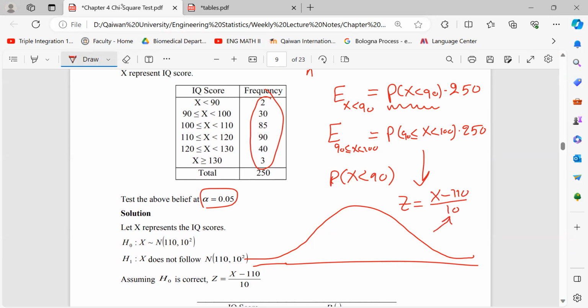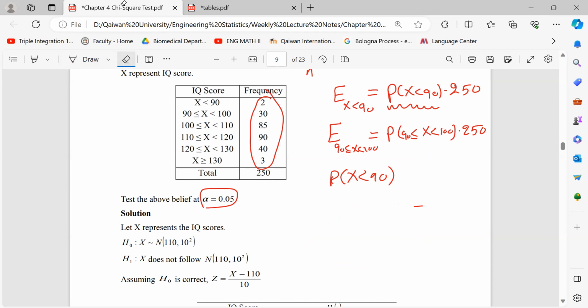This 10 is the standard deviation, and this 110 is the mean. For the standardization of the normal distribution, we say capital X, X minus mu over sigma. This is Z. We convert it to Z because we have no table for X. We have a table for Z.